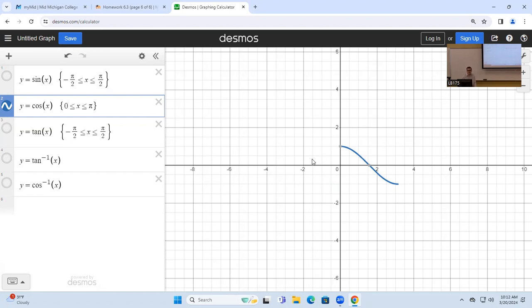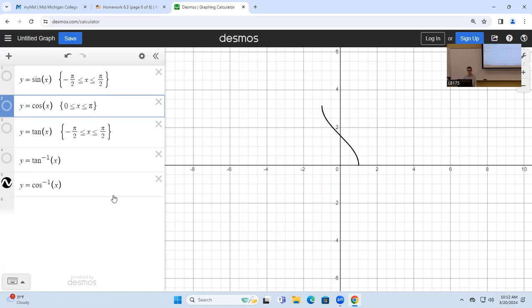See that? So cosine was even with an unrestricted domain. But with a restricted domain, it's not even anymore. That means cosine inverse is also not even. We follow that?